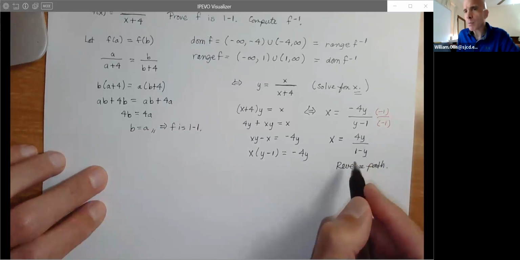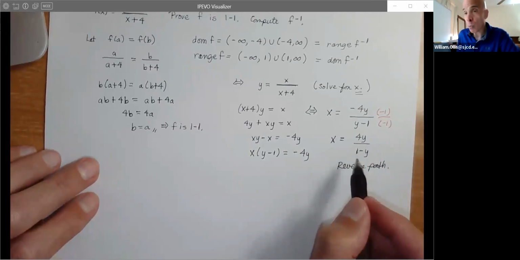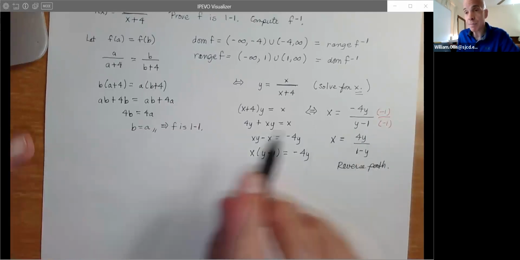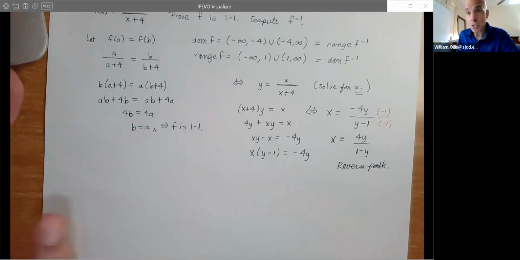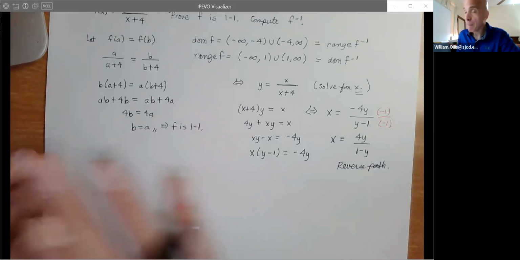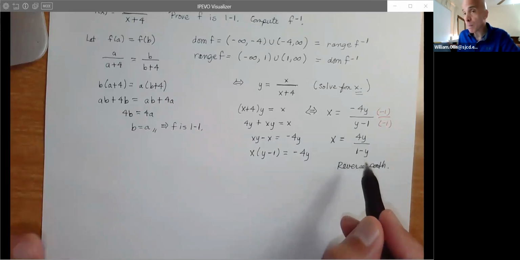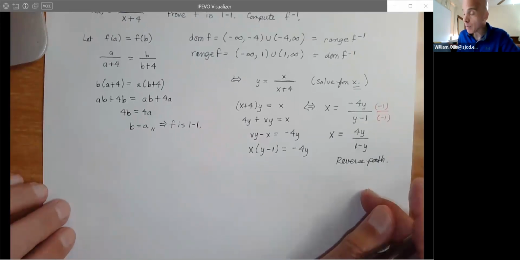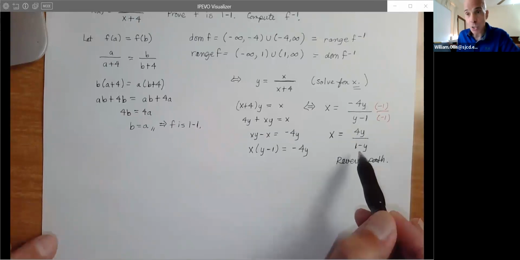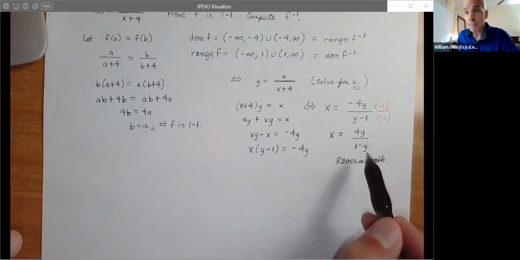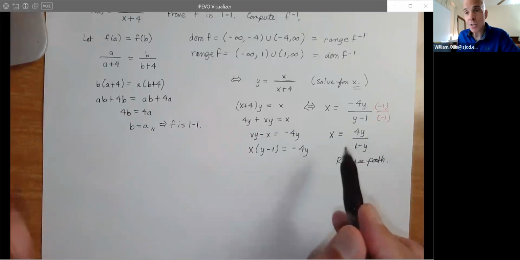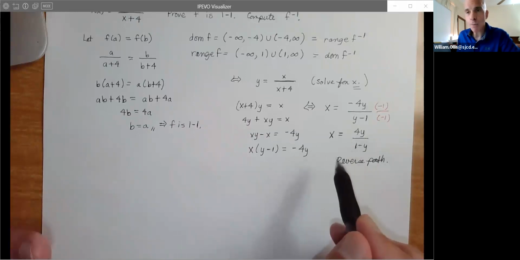Now this is probably favorable when you're doing word problems and you want to keep the x's and the y's separate, okay? But now if you want to think about the symmetry property with the graphs, we would need to interchange. Again, just remember when we change the letters, we're not really changing the function.